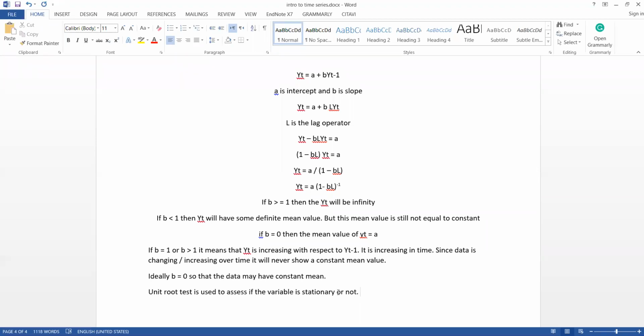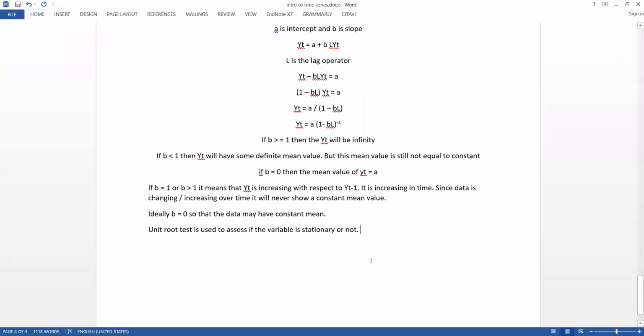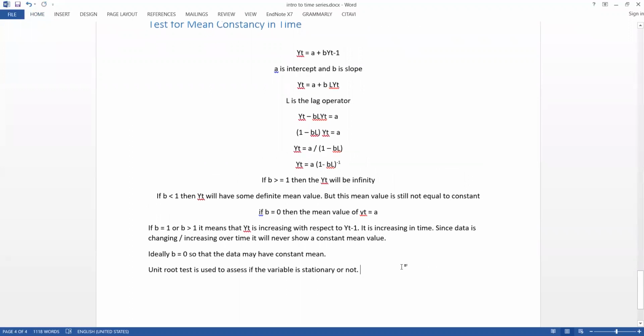But this method is now old, so people modified this equation to make it more relevant and more robust. The advanced unit root models are better at differentiating between stationary and non-stationary variables. I will write the names of a few, but the logic behind them starts from the same point.